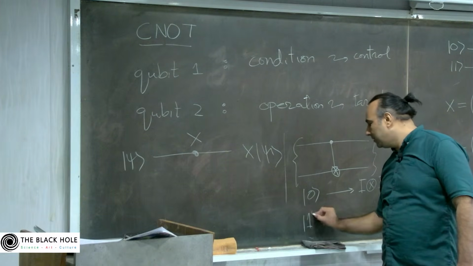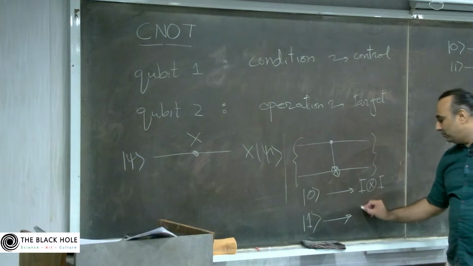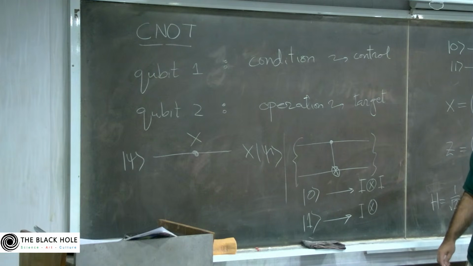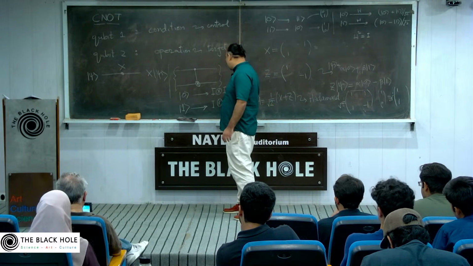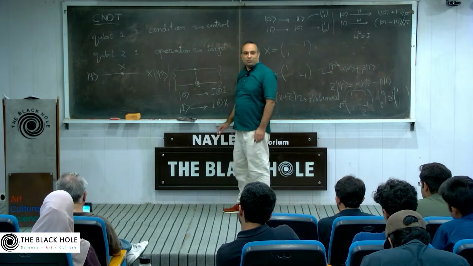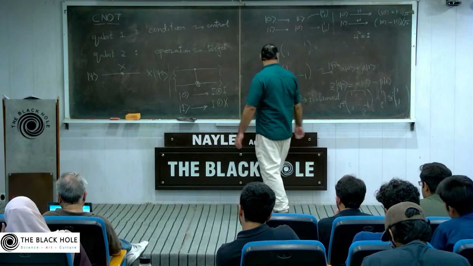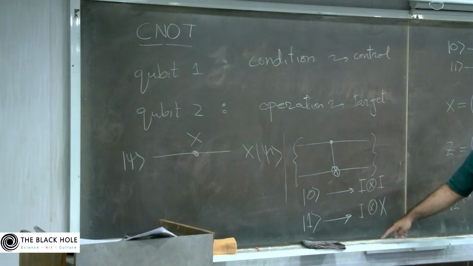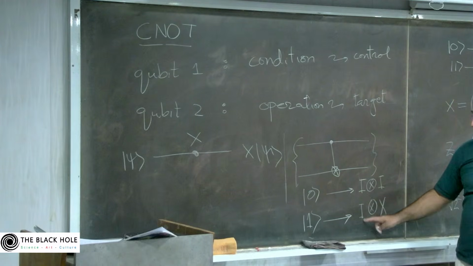But if the first qubit is in state 1, then you don't do anything with the first qubit. What you would do with the second is NOT, so you would flip it, basically X. So you flip that. That's the actual operation, and it depends on the condition.